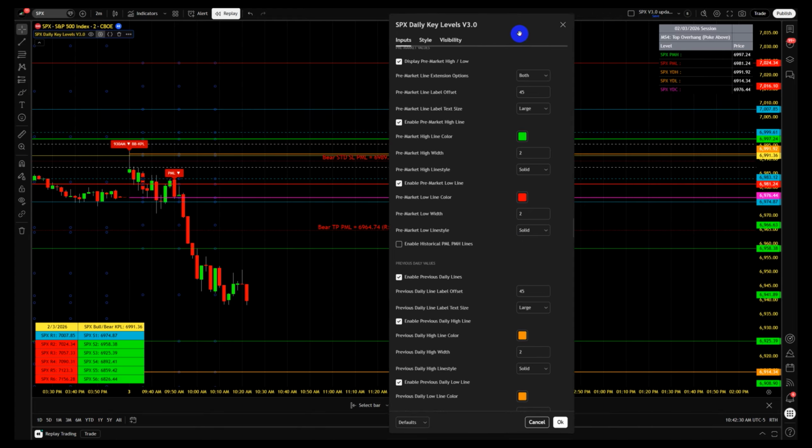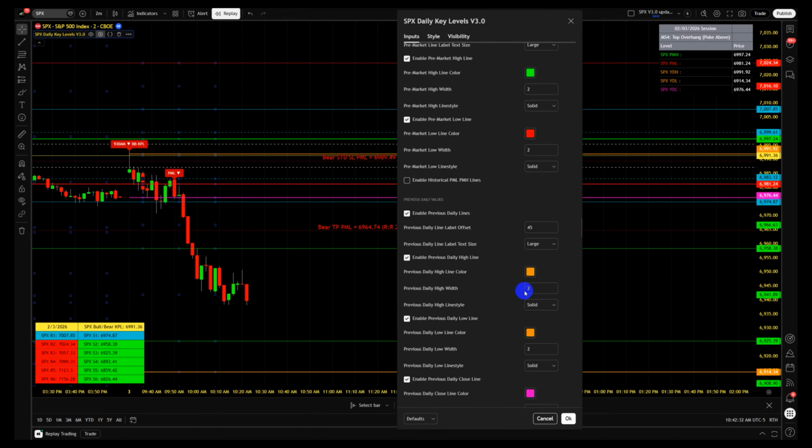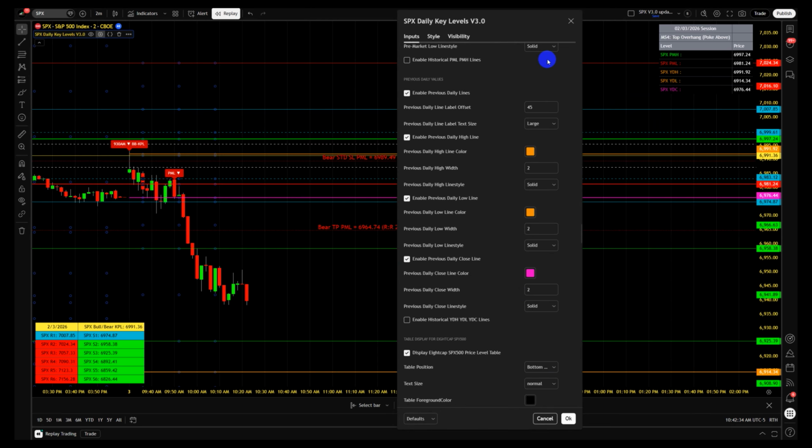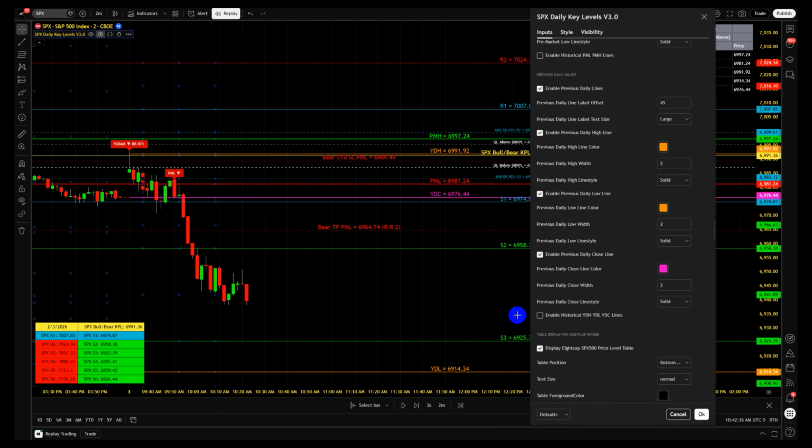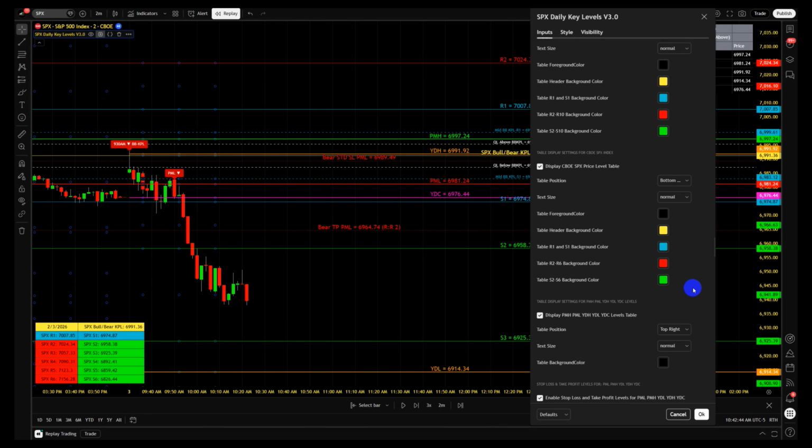Okay, so now let's go back to this second change, second update. As you can see here, this is RR2, risk reward 2, versus the standard stop loss.